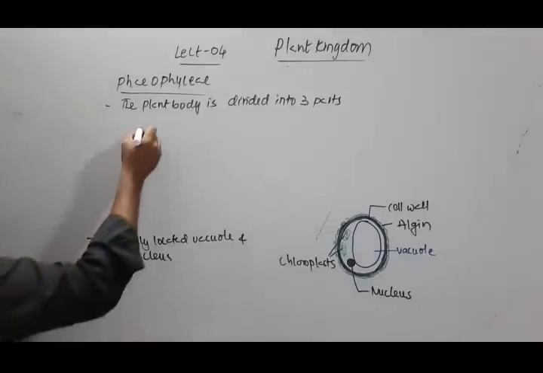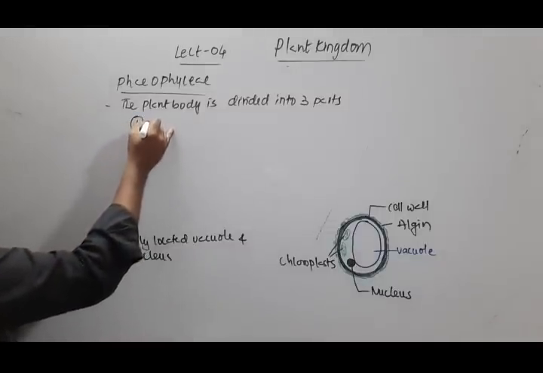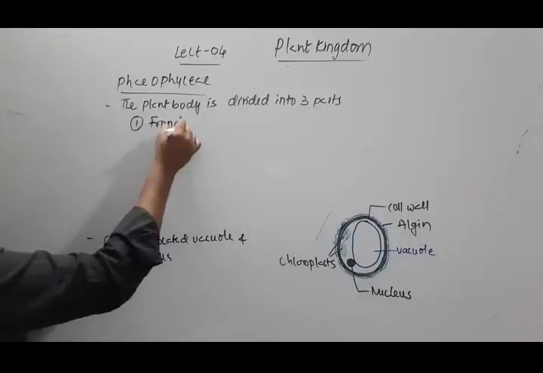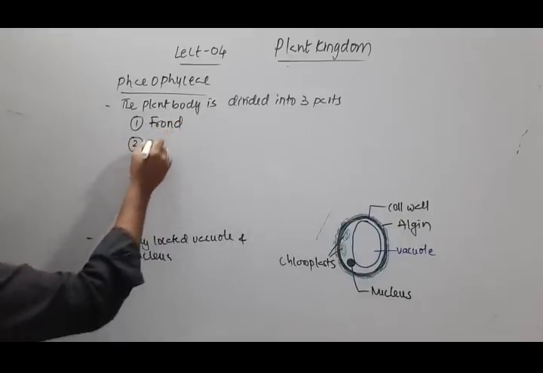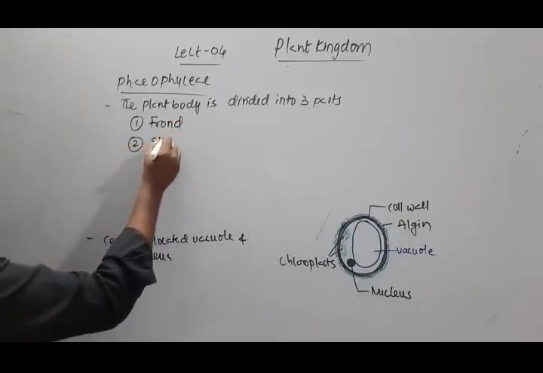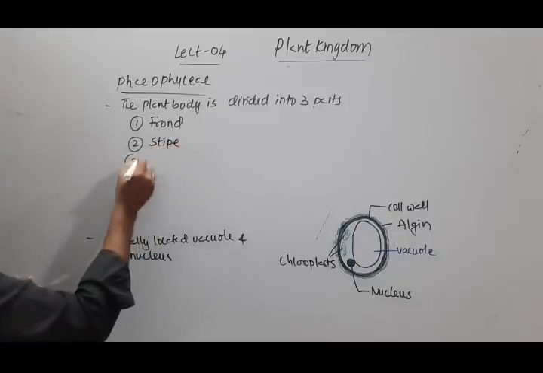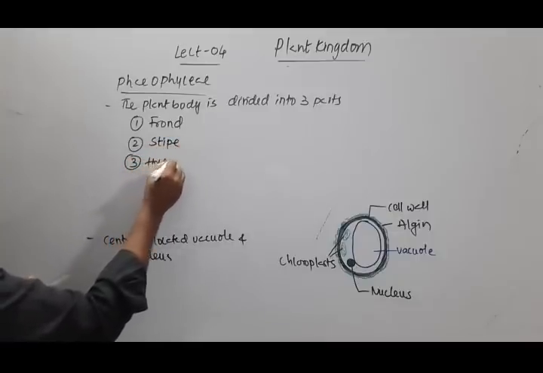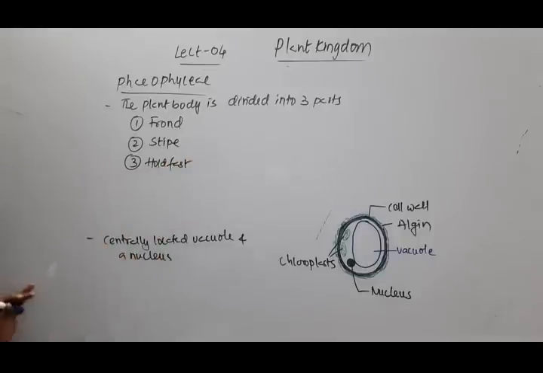So what are those three parts? One, it has a frond, then it has a stipe, and the third one is a holdfast. These are the three parts of the plant body in Phaeophyceae members.